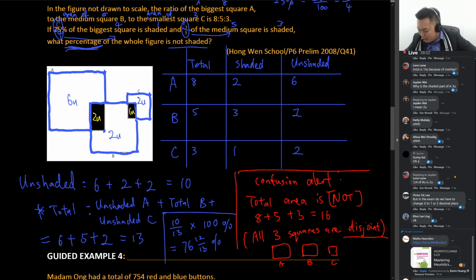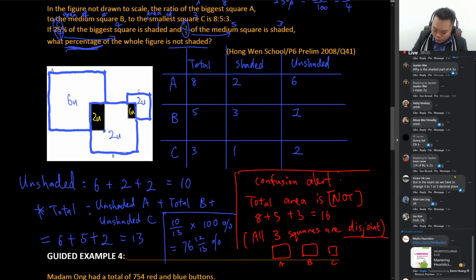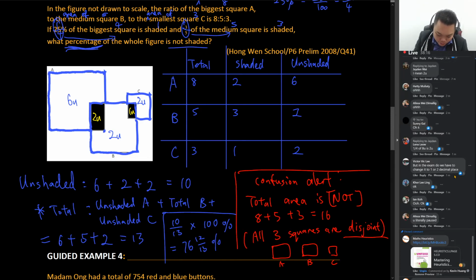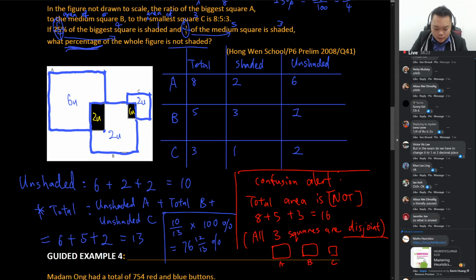Okay, if you got it, please spam the like button. I honestly don't know what's wrong with my phone today. I can see all the floating faces, but I cannot see the video playing.